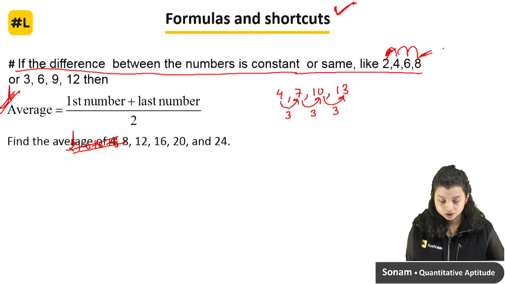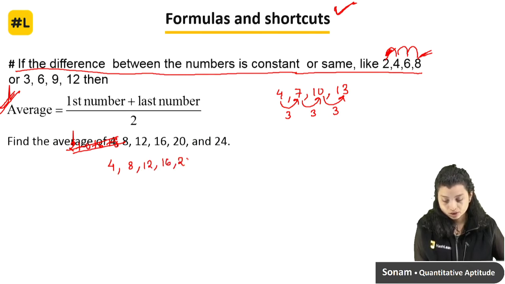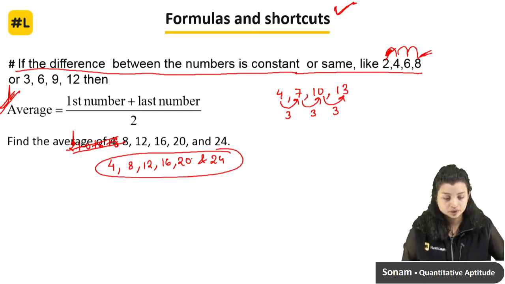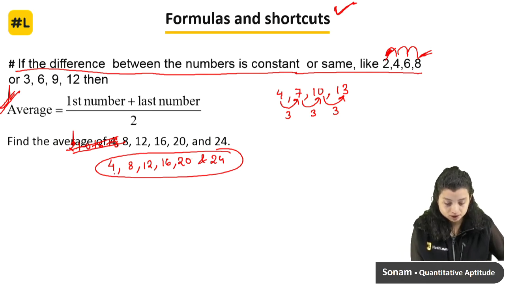Okay, do this example. The numbers are 4, 8, 12, 16, 20 and 24. These are the numbers. Just quickly tell me the average of them. So each term is increased by 4, right? You can see it over here.